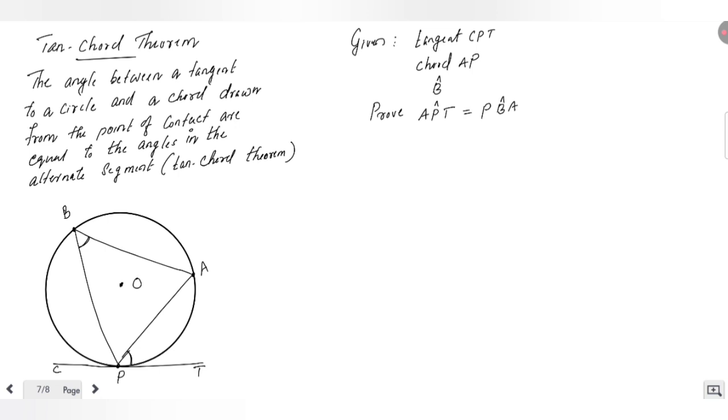For that you have to construct a diameter from P, the point of contact. You have to draw a diameter that passes through the center and touches the circle. Let me call this point C. Now you can join from C to A or C to B, both will give you the answer.